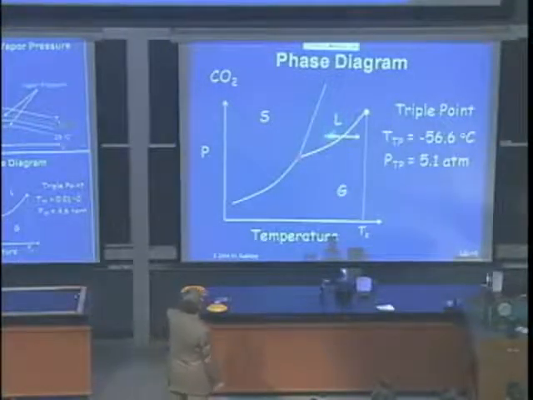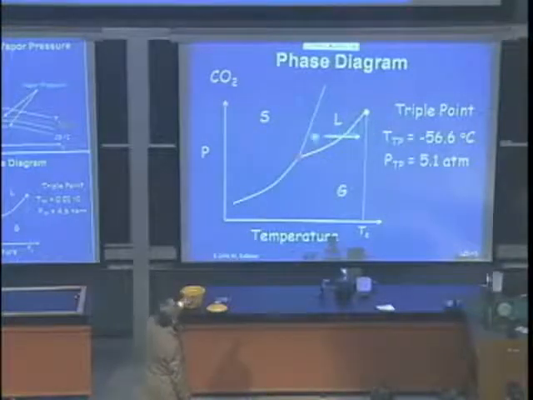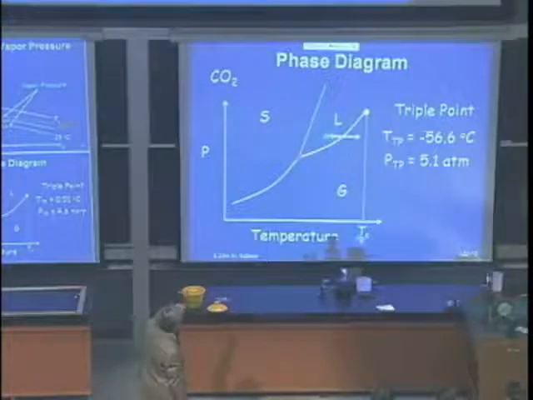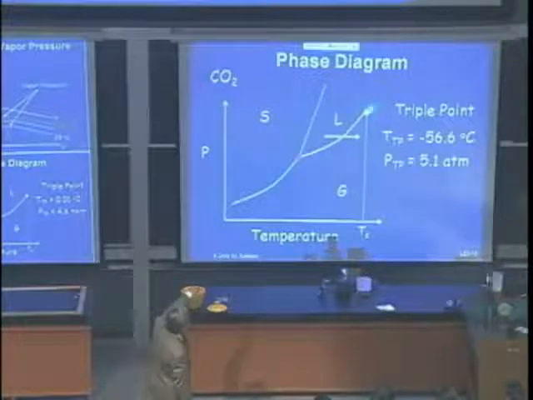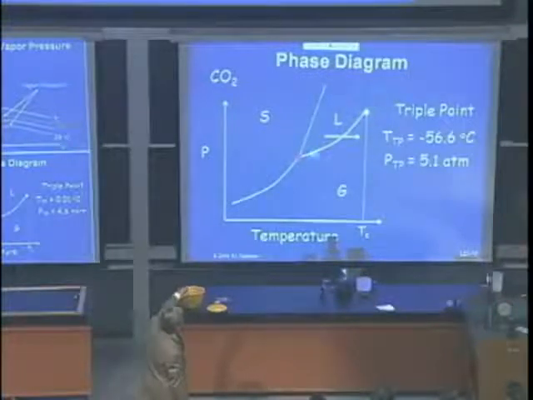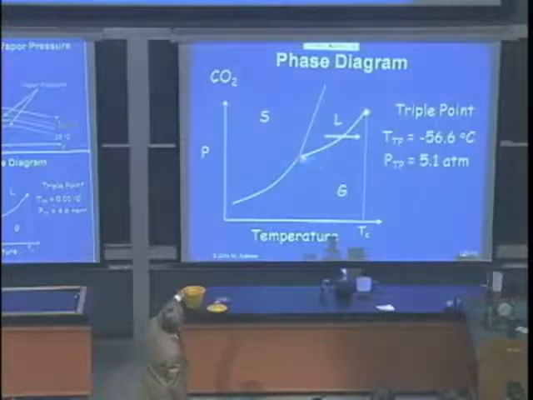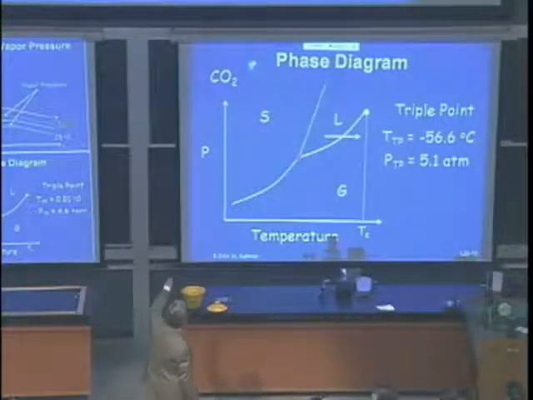So you can go from the liquid to the gas also. If you increase the temperature at this pressure here, for example, you go from left to right, along this phase boundary, and you have here the gas phase, here the liquid phase, and here the solid phase.